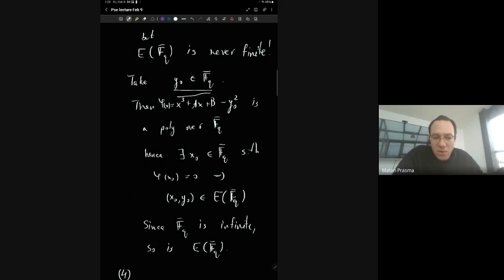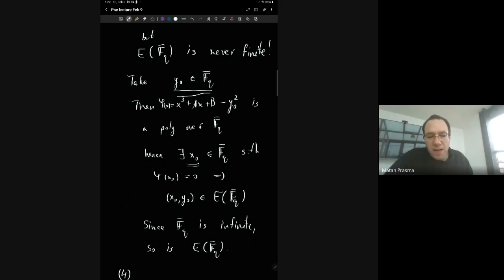For every y0, I can find a root of phi, right? A root of phi is some x0 in Fq bar that nullifies phi.